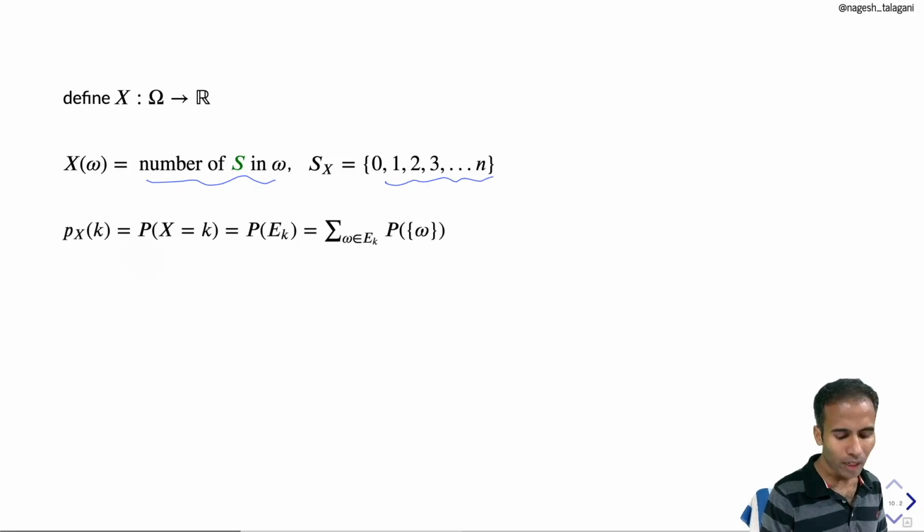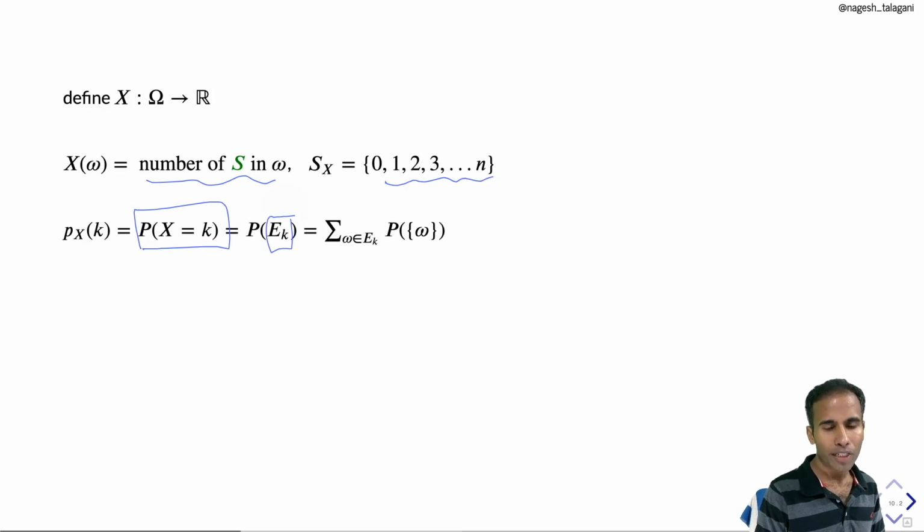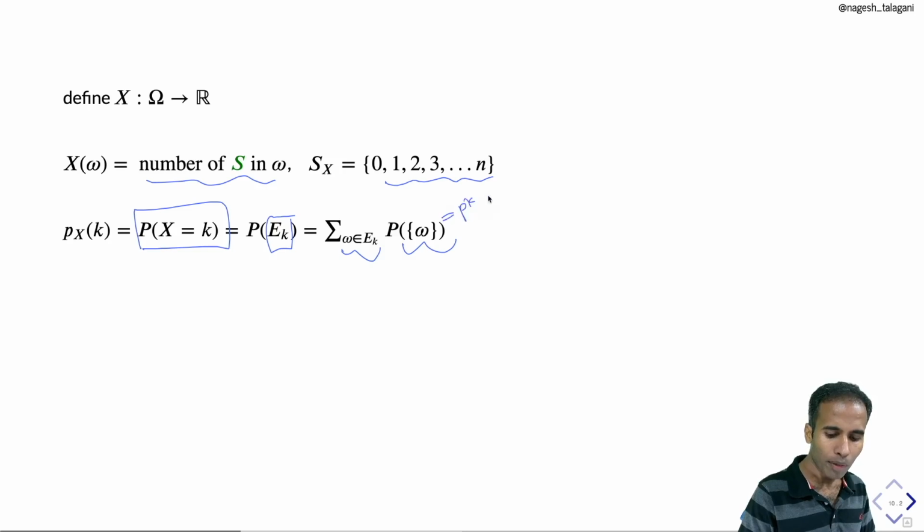The PMF p_X of k is the probability of X taking the value k. X takes the value k if and only if the outcome comes from Ek. So the probability of Ek we can write as the sum of the probabilities of singleton {omega}, where omega runs over Ek, and we know that for every omega belonging to Ek, the probability of omega is p^k (1 minus p)^(n minus k).